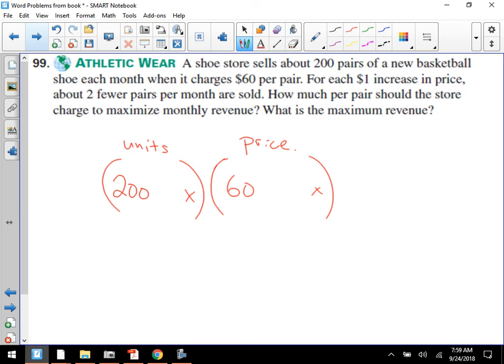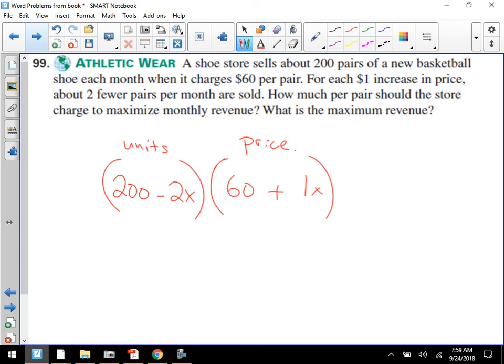So if you increase the price 5 times, it would be plus 5x for each increase of 1. So they're increasing by 1. You decrease by, what was it? 2. So the other side would be minus 2. There's going to be a value of x on either side like that because that's the number of times something goes through. Okay? Does that make sense?